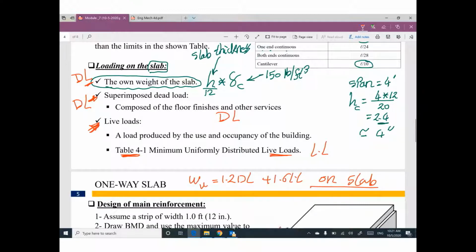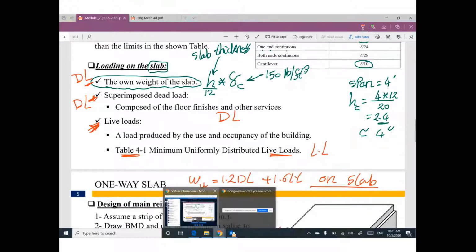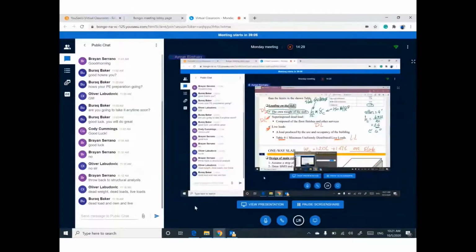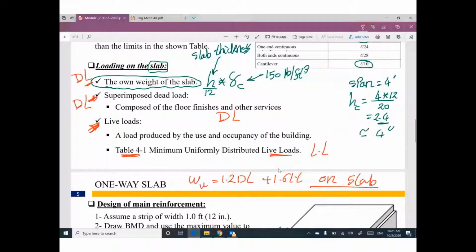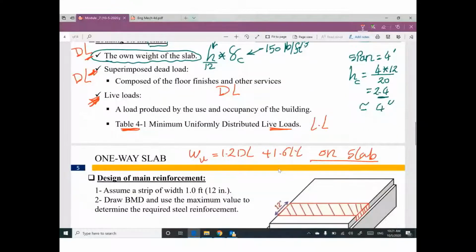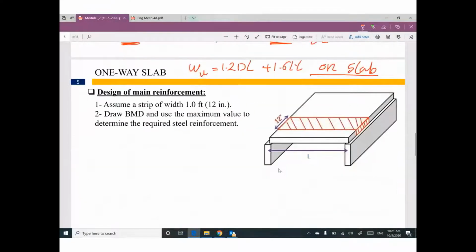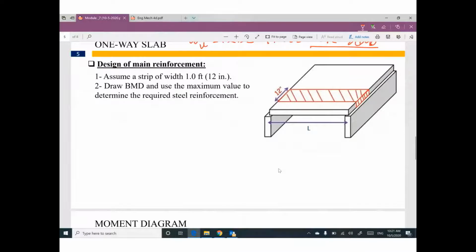I think we are good because we covered all of this information before. But we need to talk about slab, not beam. Do you remember? Slab. Okay, we have a slab between this support and this support with this length.